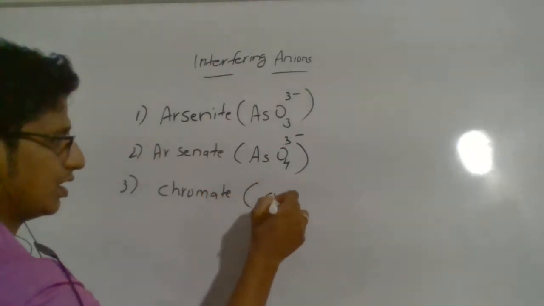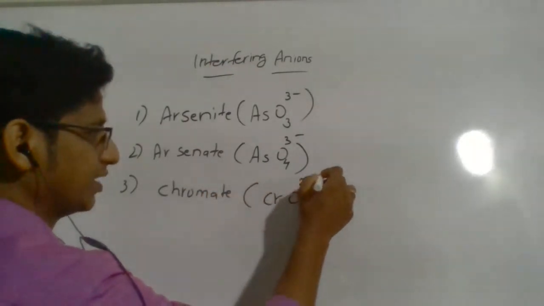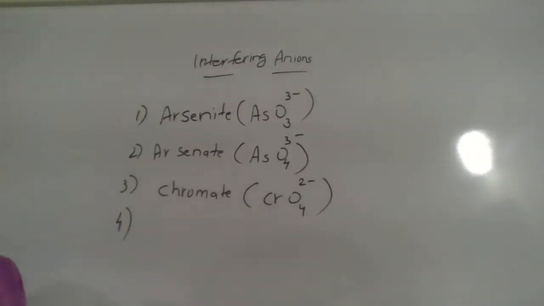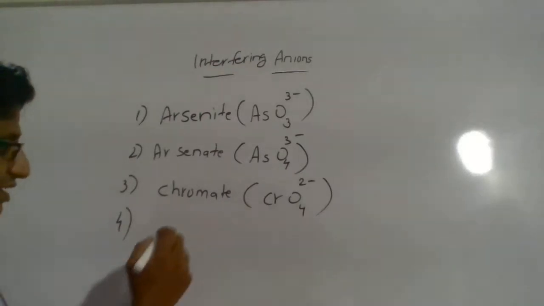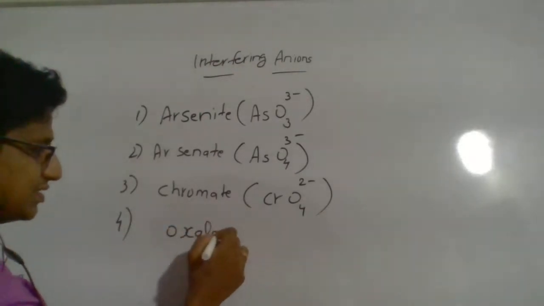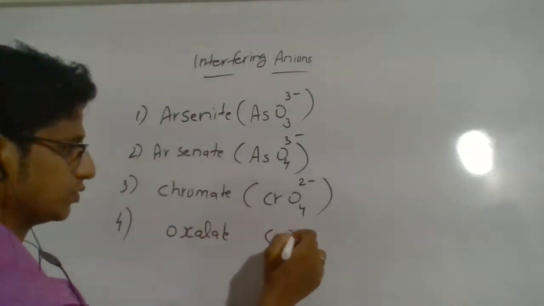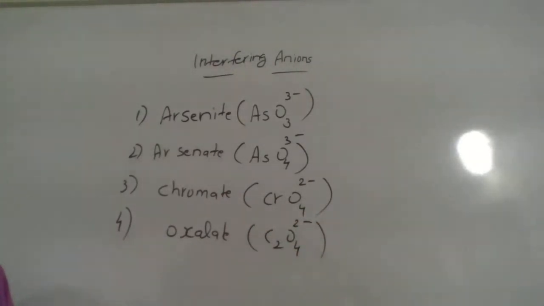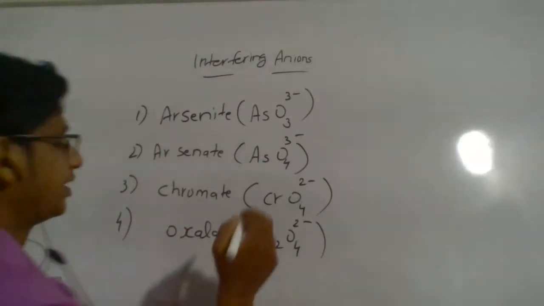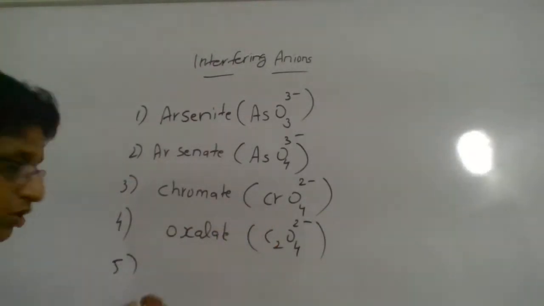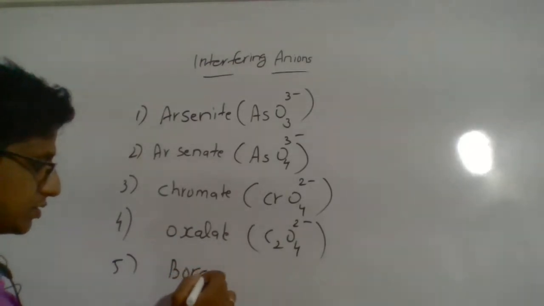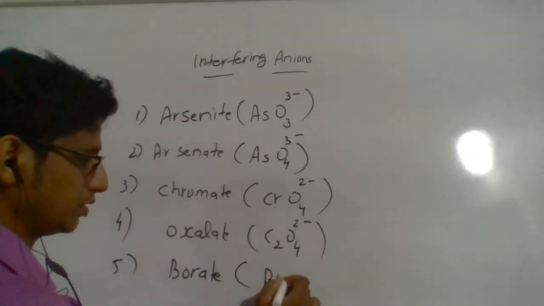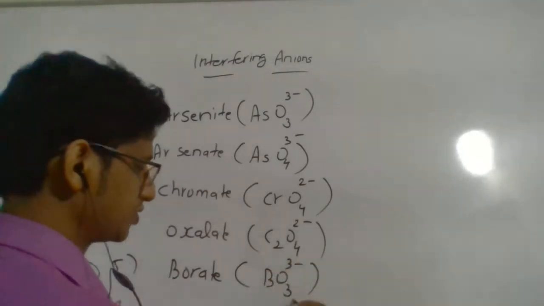that is CrO4 2 minus, chromate. Then the fourth one we can discuss, that is oxalate, C2O4 2 minus. Then borate, BO3 3 minus.